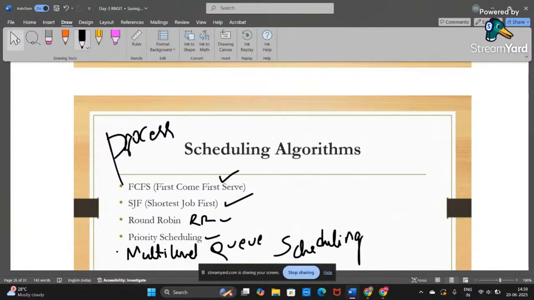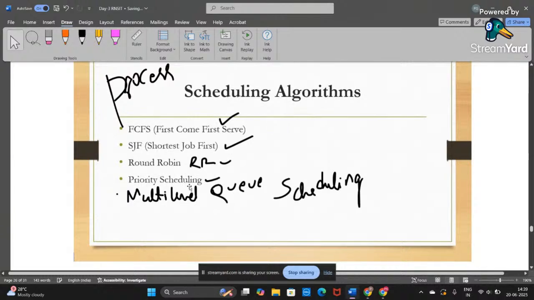Got it? Okay. These are the process scheduling algorithms: first come first serve, shortest job first, round robin, priority scheduling, and multi-level queue scheduling.